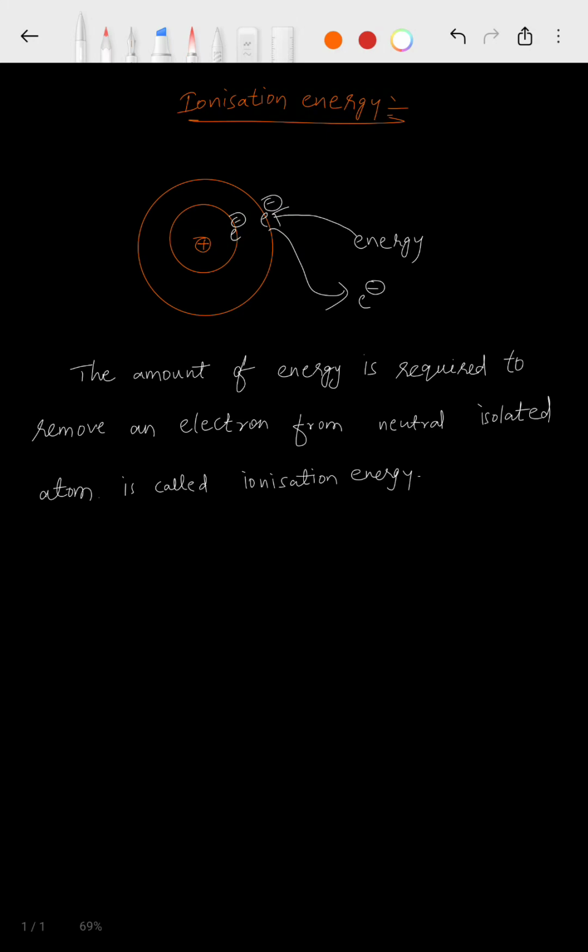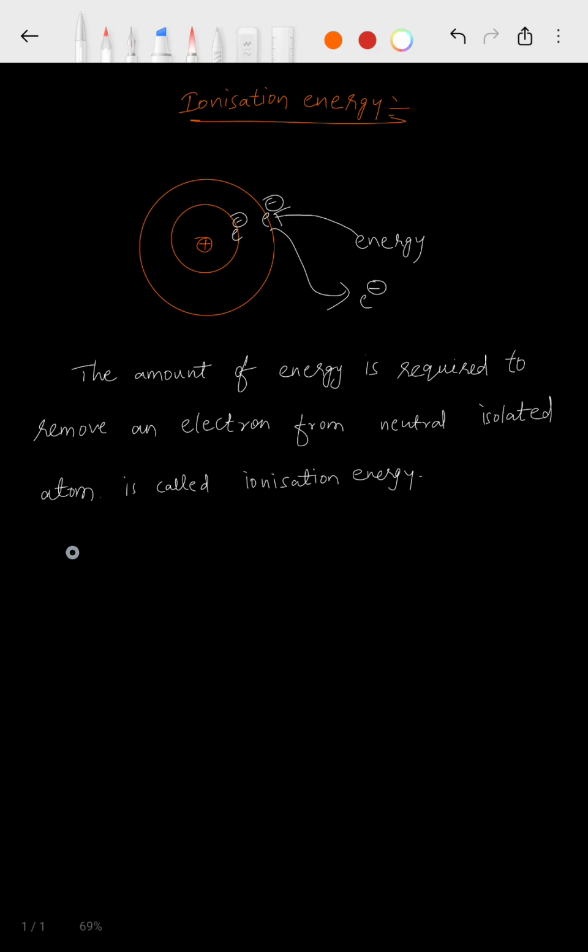So how much energy you need to remove an electron from the outermost shell, that energy is called ionization energy.